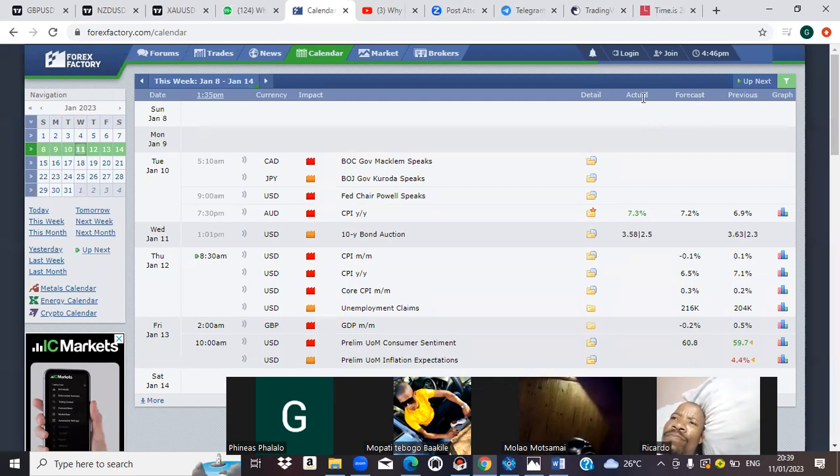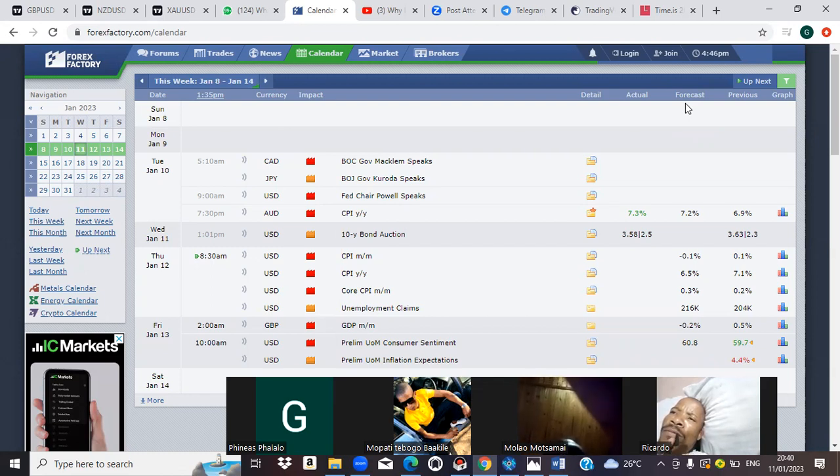If you are talking about fundamentals: if the actual price is more than the forecast, USD is going up. If the actual price is smaller than the forecast, USD is going down. For pairs like USD/CAD, if the actual price is more than the forecast, they buy.